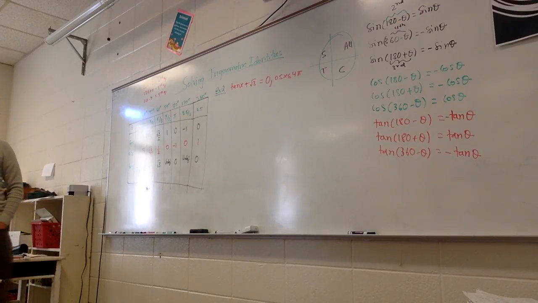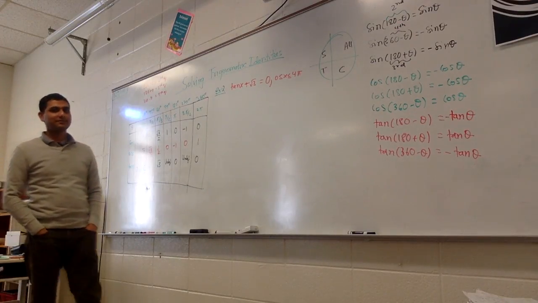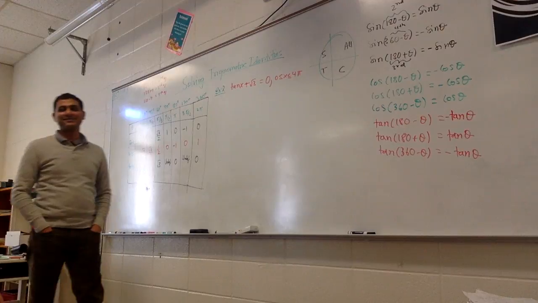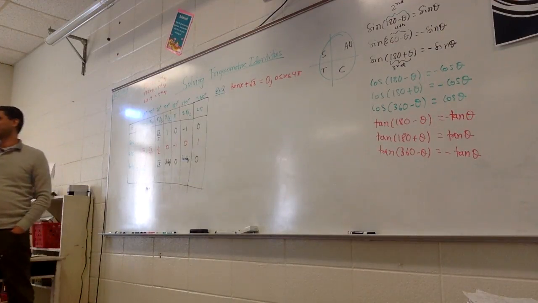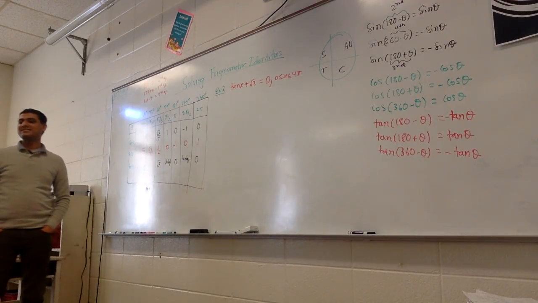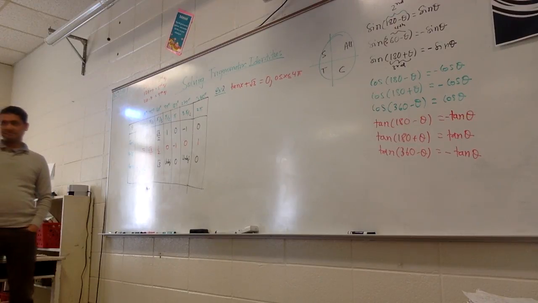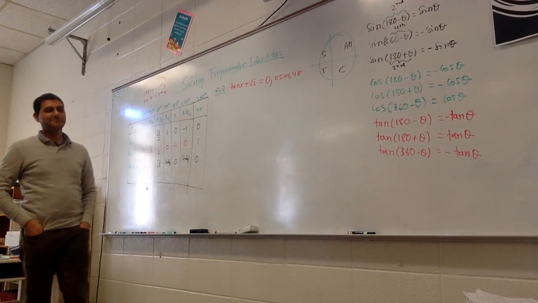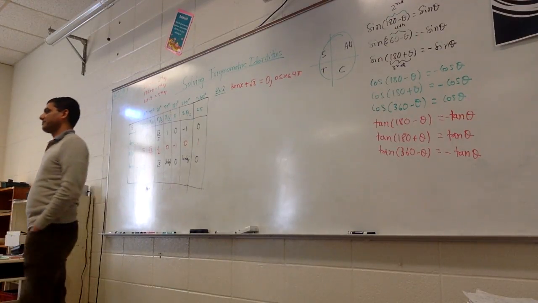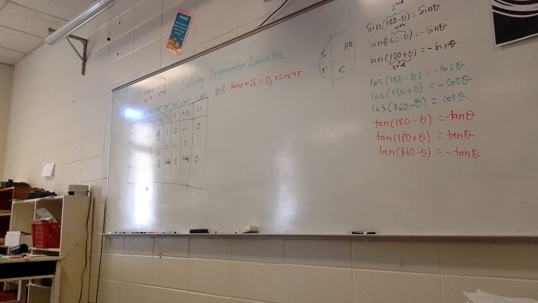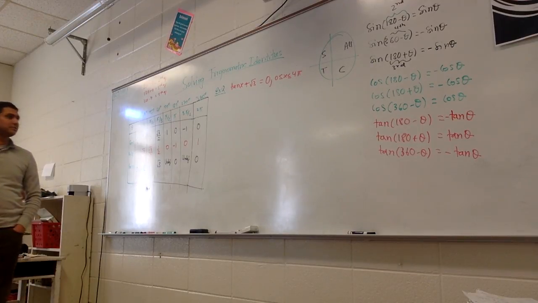I didn't do it for 4 pi. You want it to be negative, so it should be in the third quadrant. That's right. Tan of square root of 3 is 60 degrees, right?